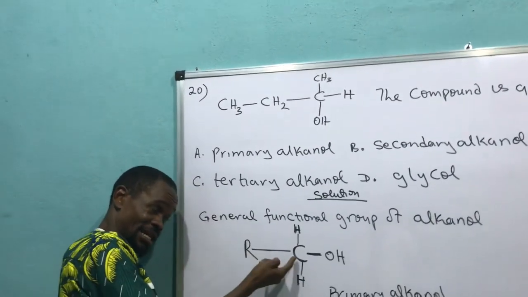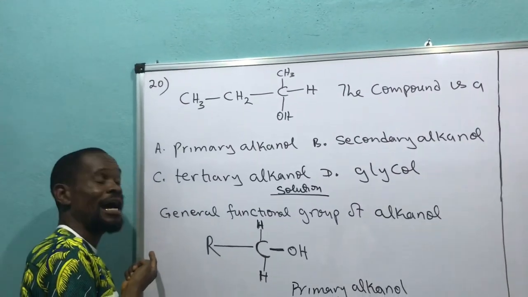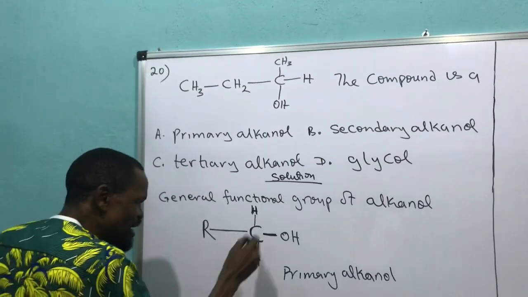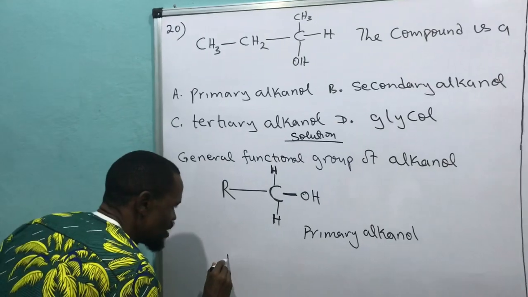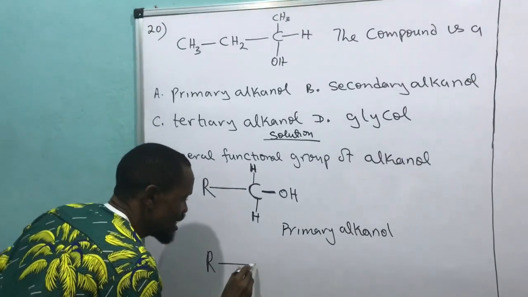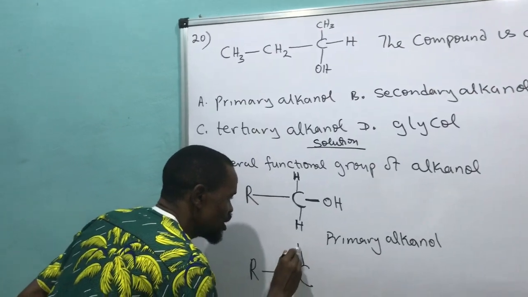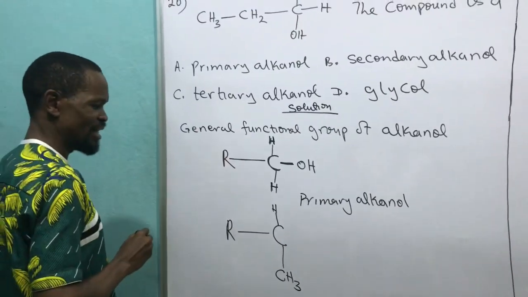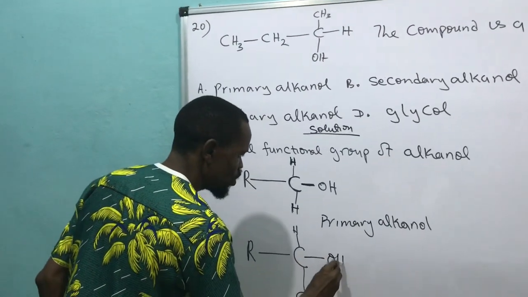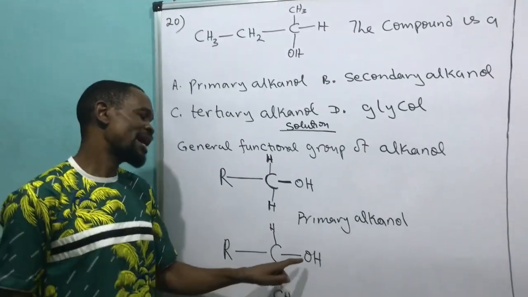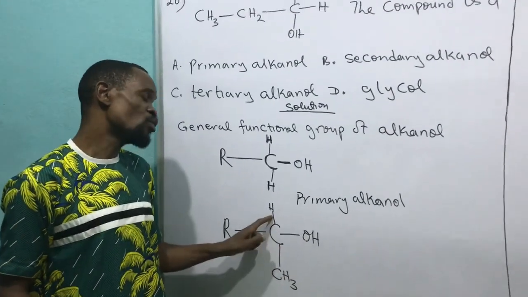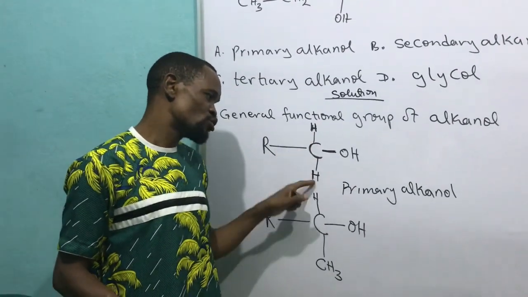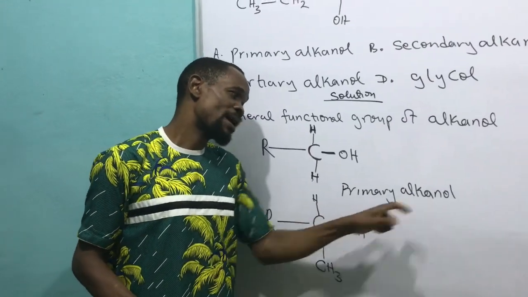You know what I mean by aliphatic? Continuous chain, which you call alkane and alkyne. That's the aliphatic family. Then when it sells this, it will have H here, and it sells this to maybe methyl, and this is OH. You see now the carbon carrying this OH has only one hydrogen. But in this other place, the carbon carrying this OH carries how many hydrogens? Two. It has two hydrogens, and we call it primary alcohol.